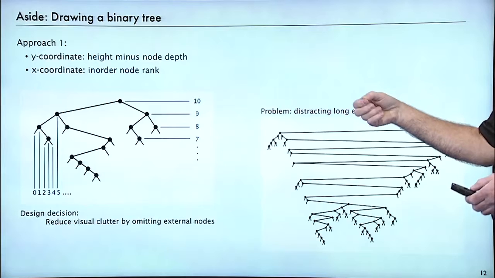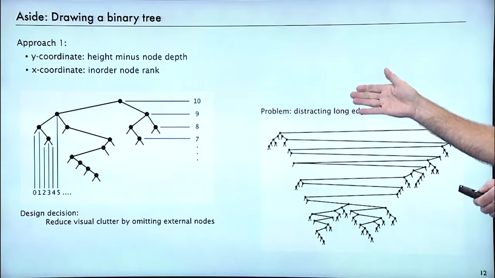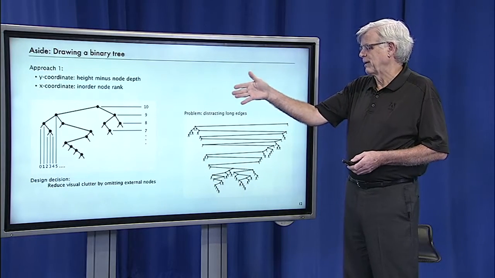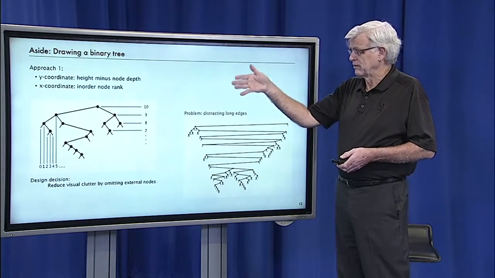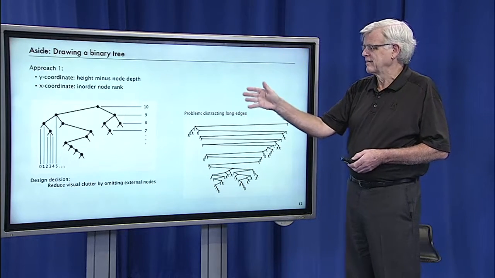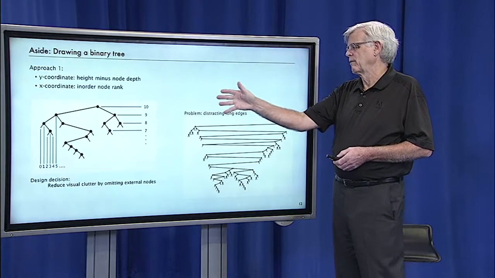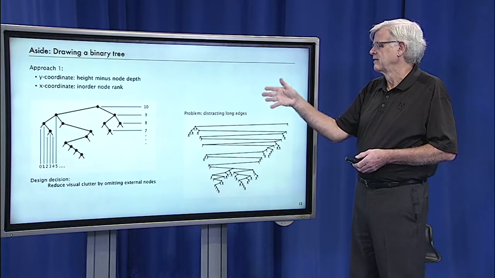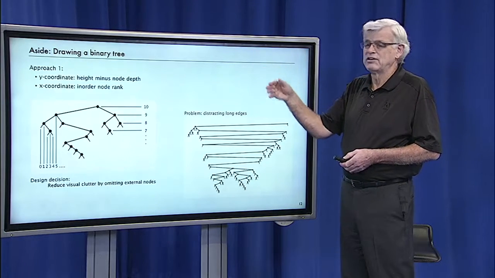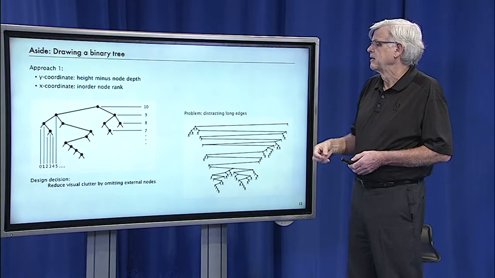The x-coordinate of the node, the easiest way to set that up is to just do a recursive in-order traversal of the tree and just assign x-coordinates every time you reach a node. And that's corresponding to, say, a recursive program that says what's the coordinate of the root. It's the number of nodes on the left plus 1, and then the x-coordinate of everybody on the right side is bigger than that. And you can see immediately that, number one, it's easy to assign the coordinates, just do an in-order traversal of the tree.